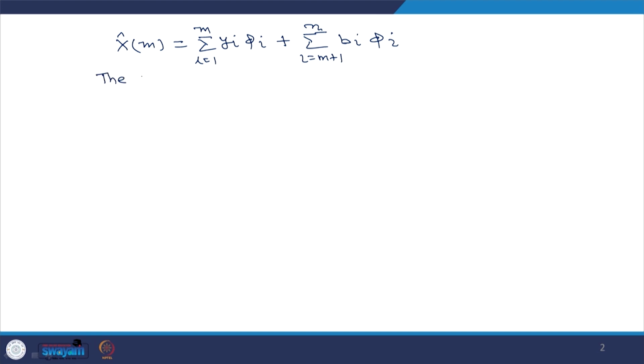Now, the representation error, let me denote it by delta x_m. Then this delta x_m becomes x minus x cap, meaning x represented in the higher dimensional space minus x represented in the lower dimensional space, that is with m basis elements.